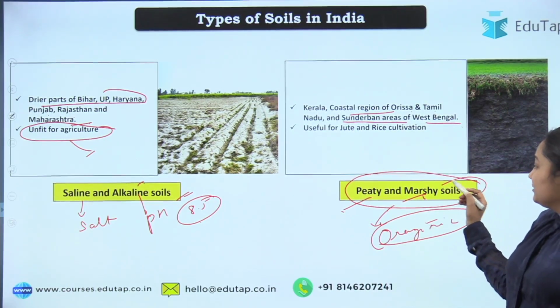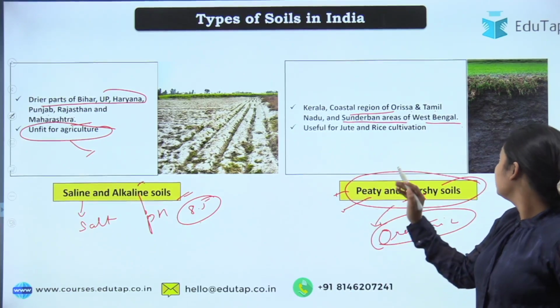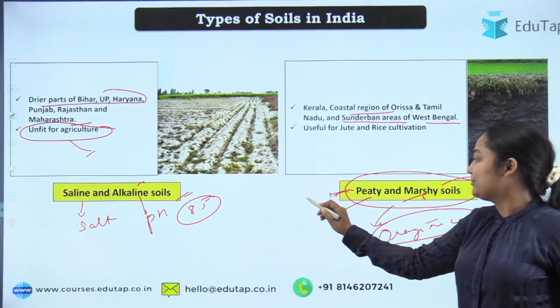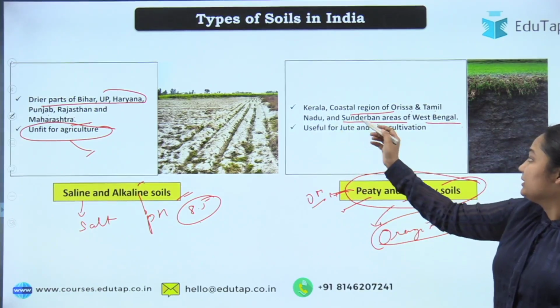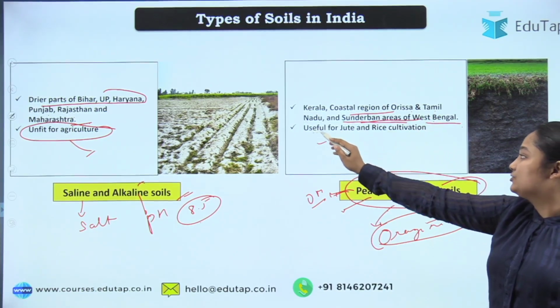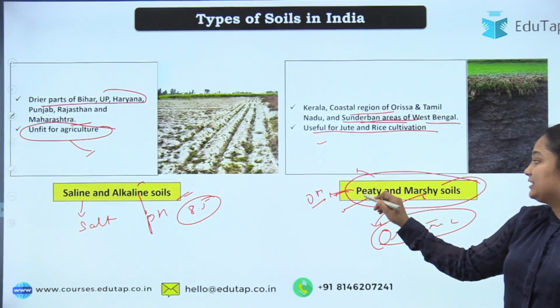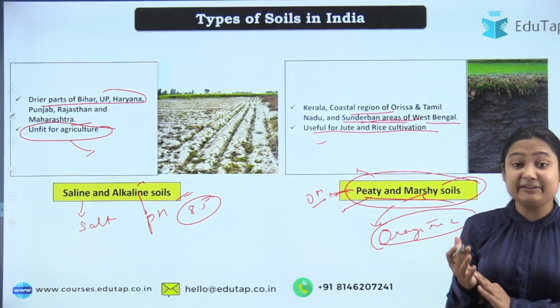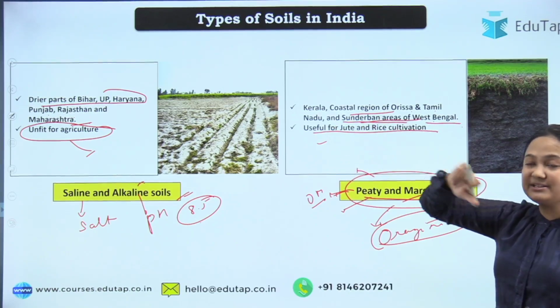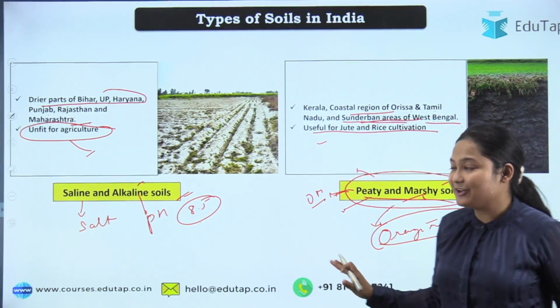They are useful for jute and rice cultivation. Since cultivation in peat and marshy land is not easy, we need some hardy crops, as we can see here. So that covers the types of soil.